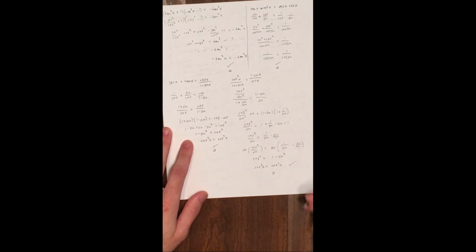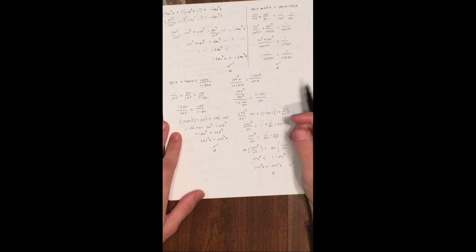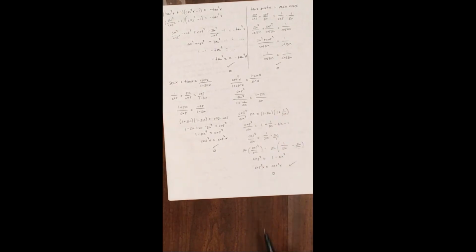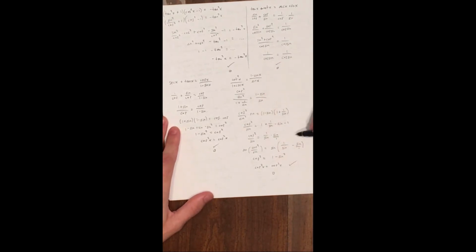So if you look at the start of this problem and you just are not sure what to do, the best thing you can do is to start doing things, as long as they're correct, right? And when I say correct, I mean algebraically correct. So you could cross multiply at the start of this problem. You could change everything to sines and cosines. So we did both here.